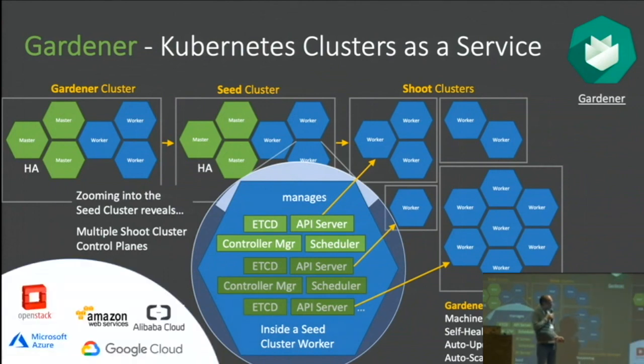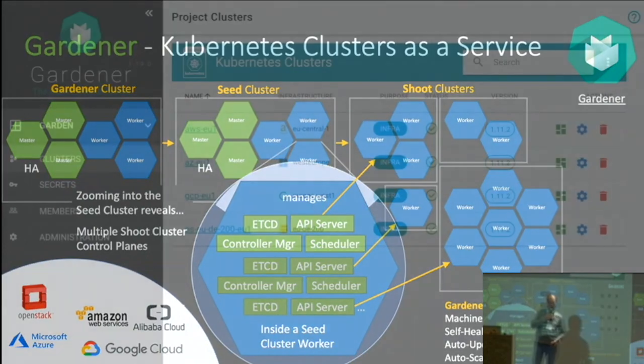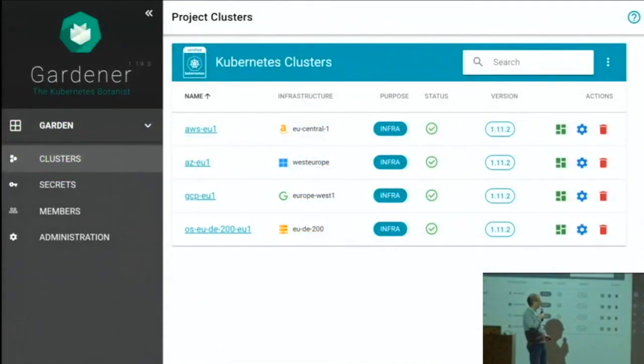And this runs currently on all the big infrastructure providers, so Microsoft Azure, Amazon, Alibaba, and Google Cloud, and also OpenStack. Now Gardener comes with a dashboard where you can easily just spin up new clusters or configure them on all the different infrastructures and regions and data centers.